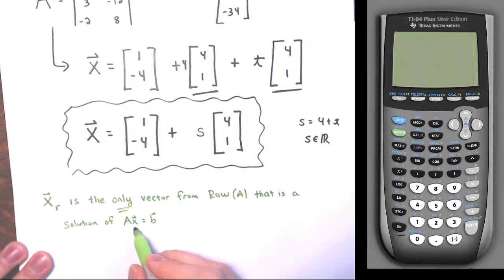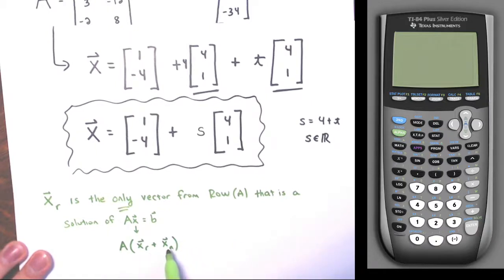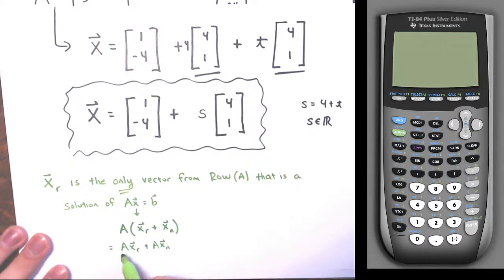Because look, if I replace X with XR, this is A times, remember I can replace X with XR plus XN, right? And then we distribute, this is A times XR plus A times XN. And remember, XN is a vector from the null space.